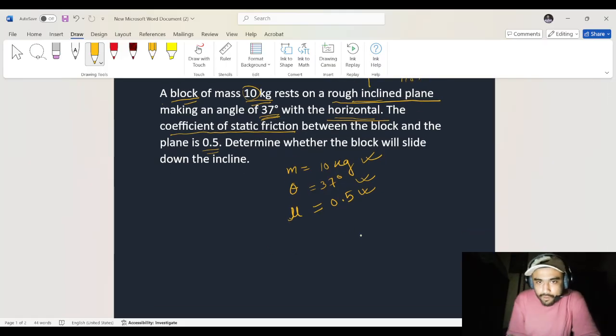Let's move on to the next part. It already mentioned that the angle 37 degrees is with the horizontal, so the inclined plane is inclined at a 37-degree angle with the horizontal. I'll draw the horizontal plane first.